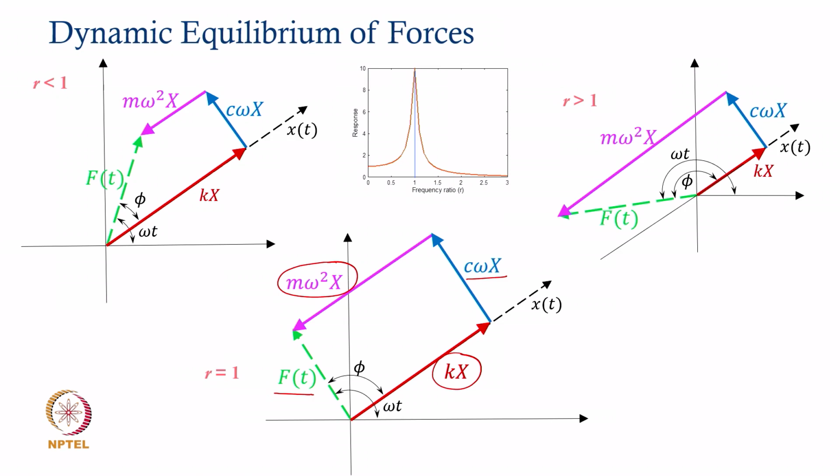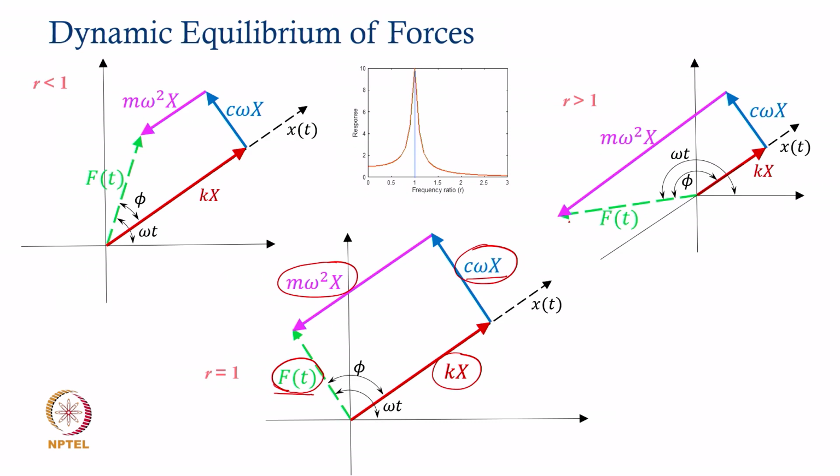It is just because of the way we wrote the equation of motion with force on the right hand side. But what it actually means is that at resonance the external force is only countered by which force? The damping force. Okay. And therefore, that is precisely the reason why the damping plays the most dominating and critical role at resonance or in the areas close to resonance, because that is the only thing that is counteracting.